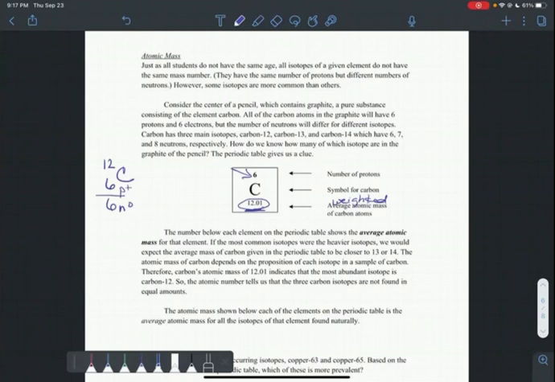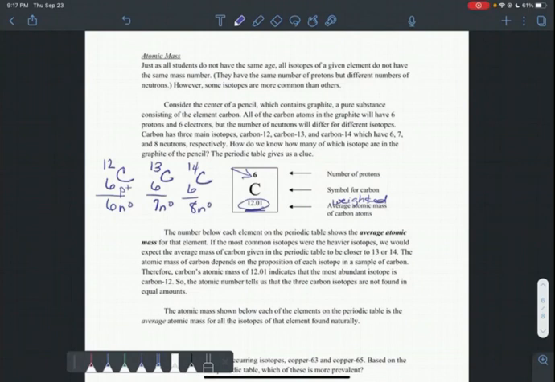The atomic mass of a carbon 12 atom is 12 AMU, but we also have carbon 13 and carbon 14, and those have more and more neutrons. Carbon 13, we still have 6 protons, but that's going to give us 7 neutrons. Carbon 14, we still have 6 protons, so that gives us 8 neutrons.